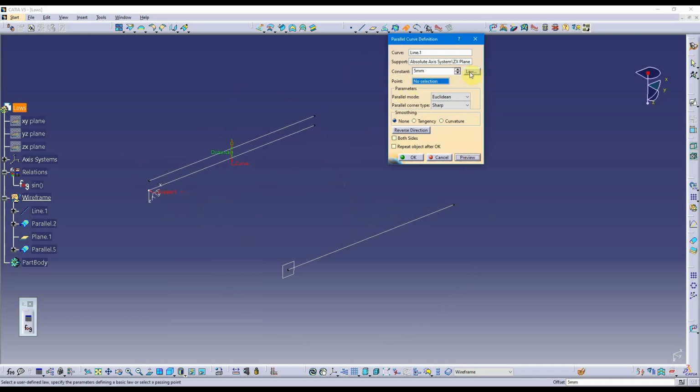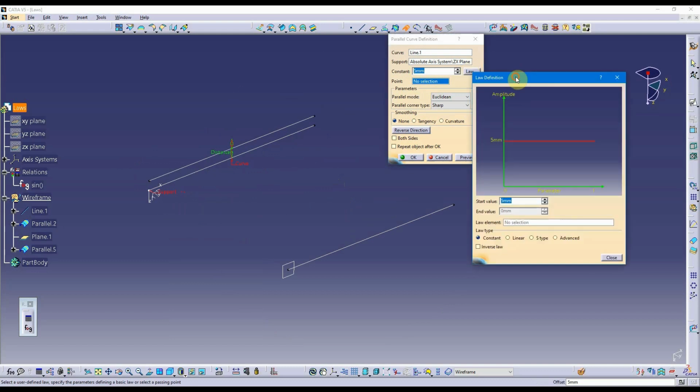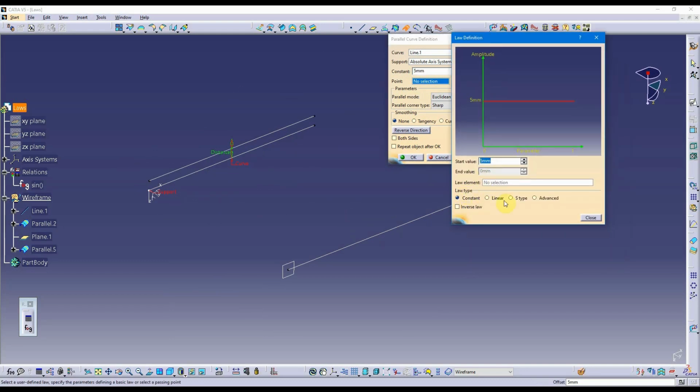I'm going to go over to the law option, and there are three predefined options here. You've got a constant, which is what's showing now. It's got a linear type equation that will allow you to vary a linear curve from some value at the beginning to some value at the end.